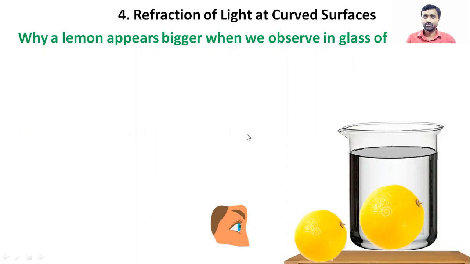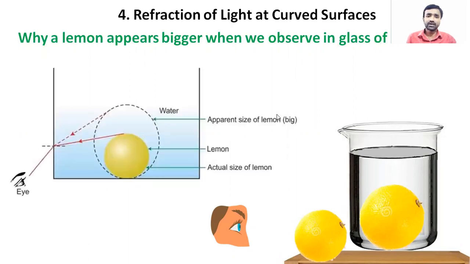So how will it be? That will be explained by a simple ray diagram. Look at this ray diagram here. Actually, the original lemon is this size. This light will reach you if it is empty like this.